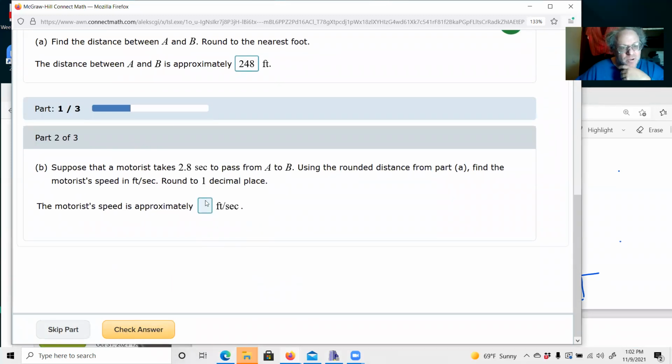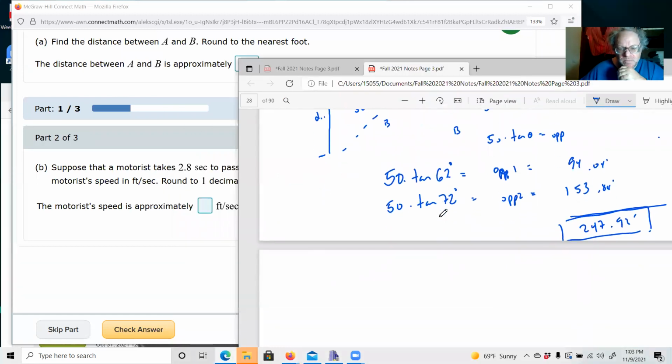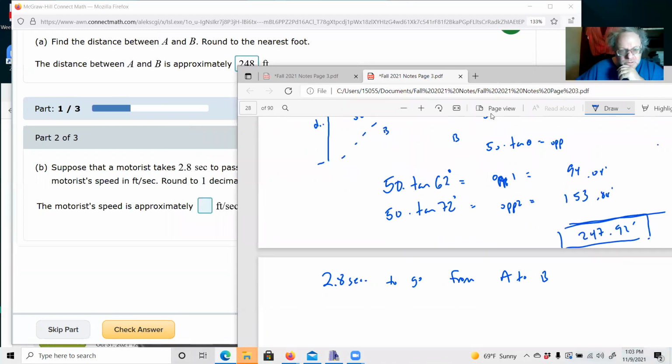Okay, then we say we have a motorist takes 2.8 seconds to go from A to B. And we are going to use that to get feet per second in 1 decimal place.